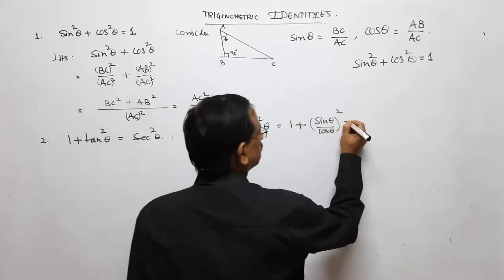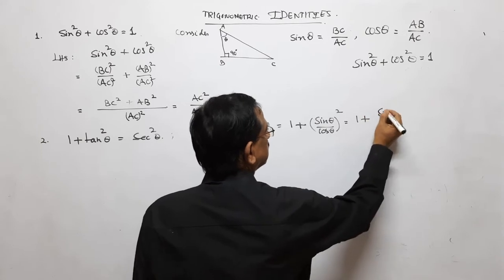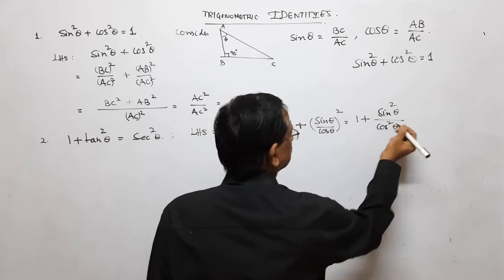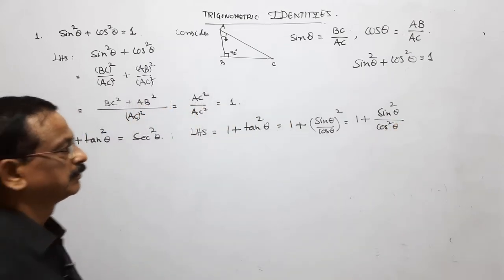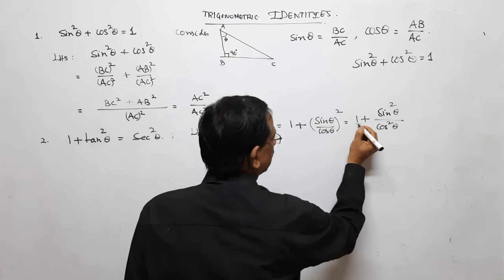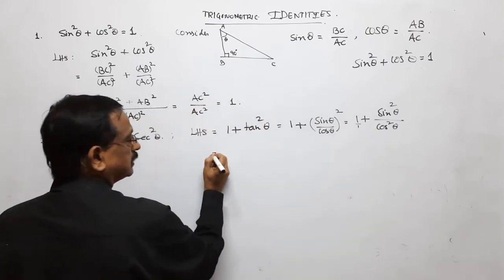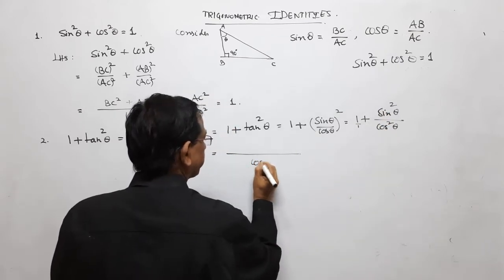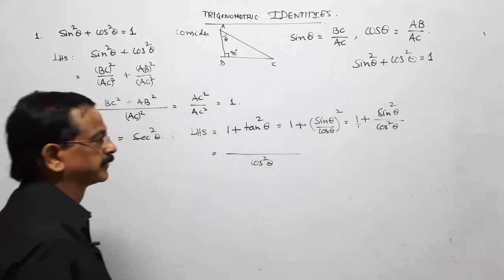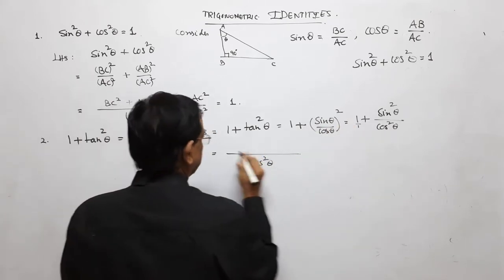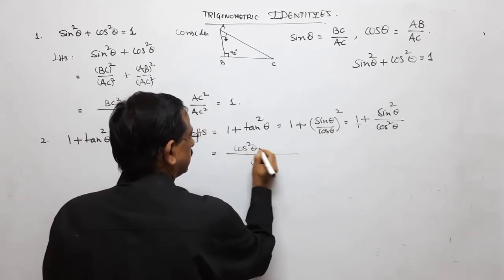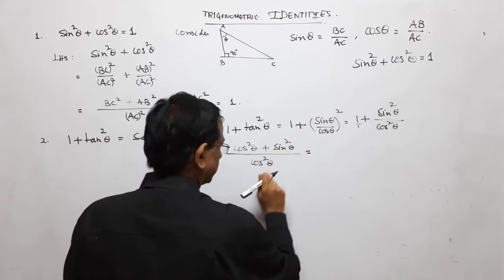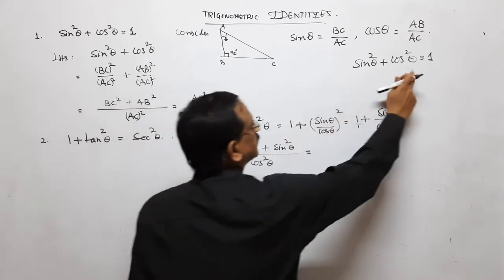So this is equal to 1 plus sine square theta by cos square theta. Now take LCM. This is 1 by 1. So I'll get 1 plus sine square theta by cos square theta can be simplified like this. Cos square theta is LCM. So 1 into cos square theta is cos square theta plus sine square theta by cos square theta, but sine square theta plus cos square theta is 1.